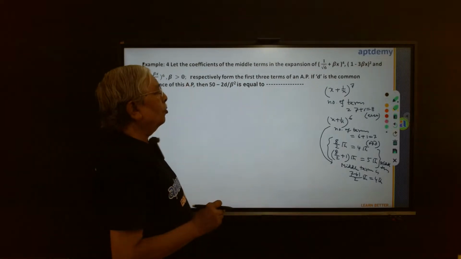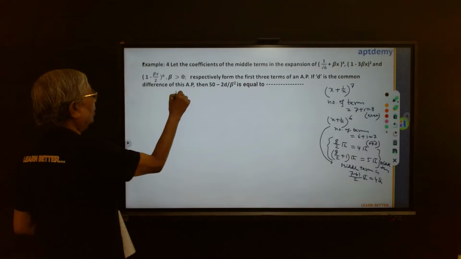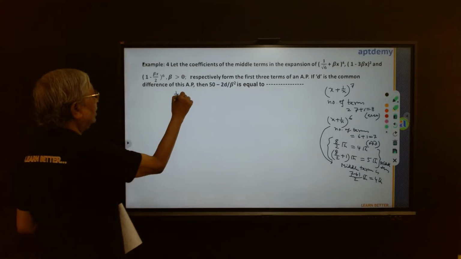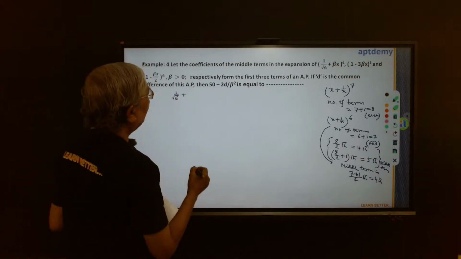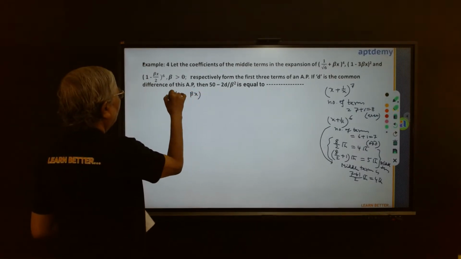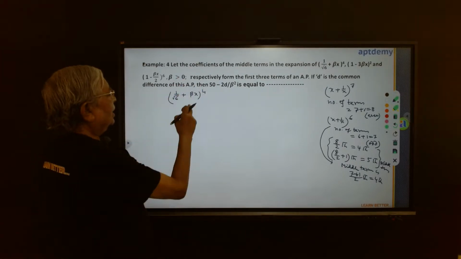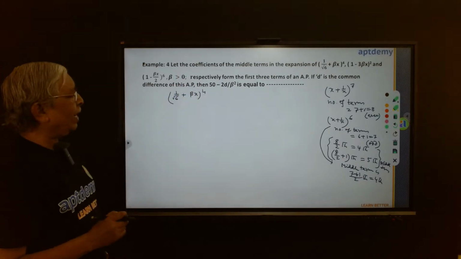Now we have the first expansion, (1 by root x, root 6 plus beta x) whole to the power 4. Here the number of terms is 4 plus 1, 5.